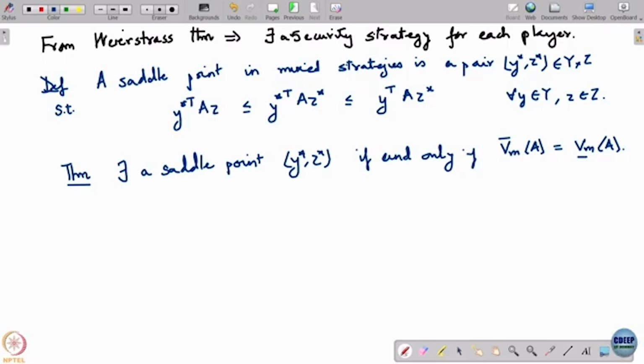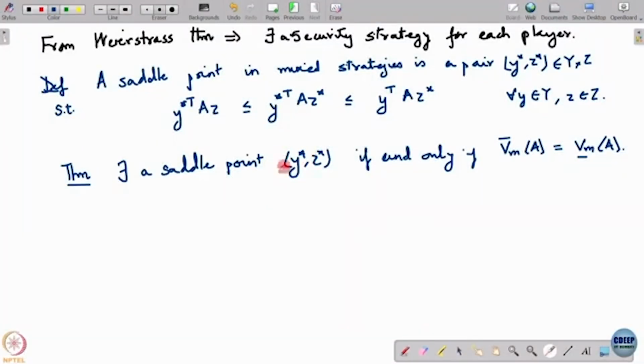The proof follows exactly the way we did for pure strategies. So we said that the saddle point exists if and only if Vm upper bar is equal to Vm lower bar.